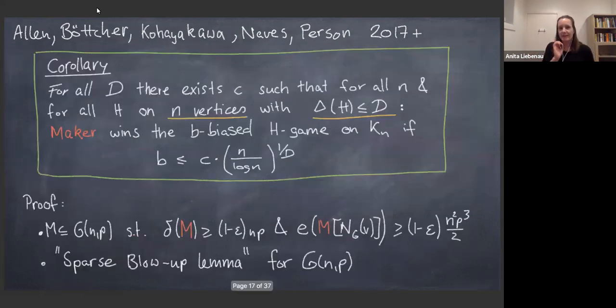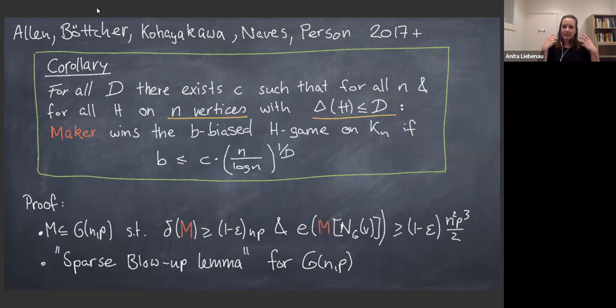So they proved in the same paper the following corollary: if I want to get a copy of a graph H, but now H is allowed to be spanning, to occupy all n vertices, but what I require from H is that the degree is bounded by some d. In that game, Maker has a winning strategy if the bias b is at most c times (n over log n) raised to the 1 over d.